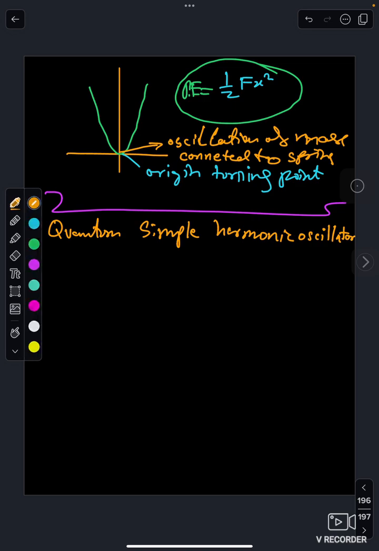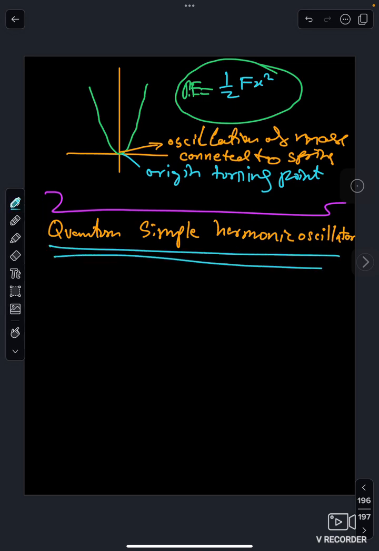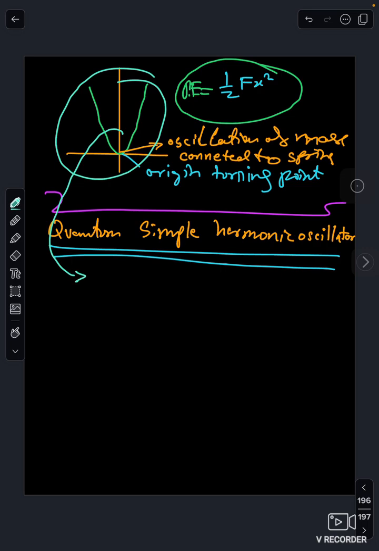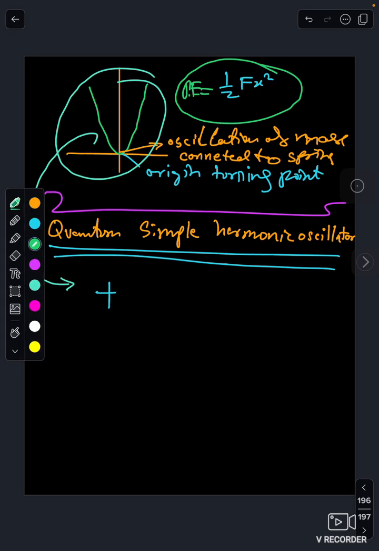Now that we will be talking about the quantum simple harmonic oscillator, it's actually very hard to find one. It's not that easy to find, because if this is at the macro level, for the quantum simple harmonic oscillator, you know what it will be? It will be just the same thing but shrunk. It's very small.